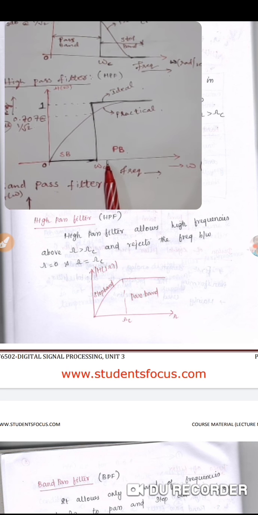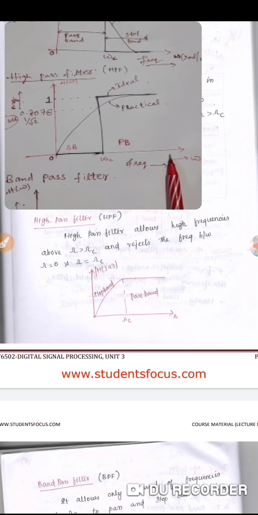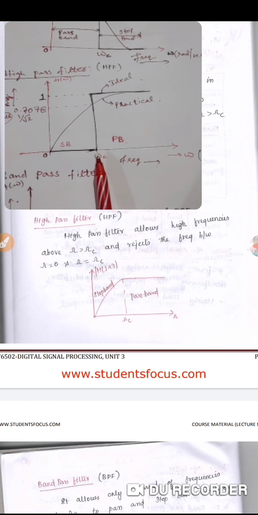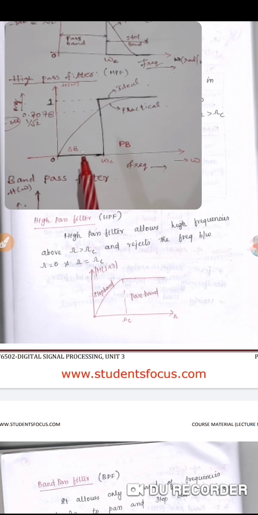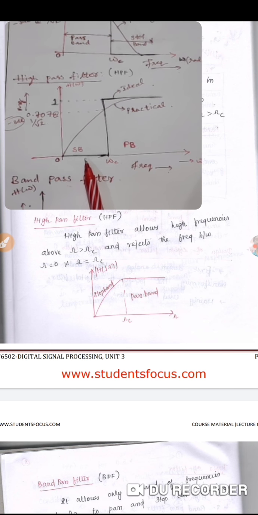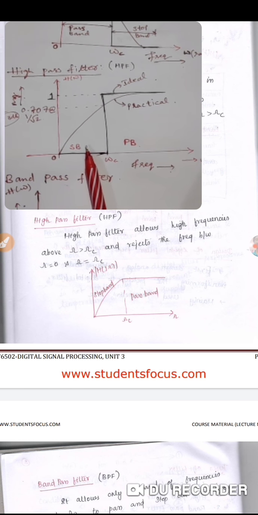After omega c, the filter will allow the frequencies. Below omega c, the filter will block them. But because of practical filters, some frequencies will be allowed in the stop band also.